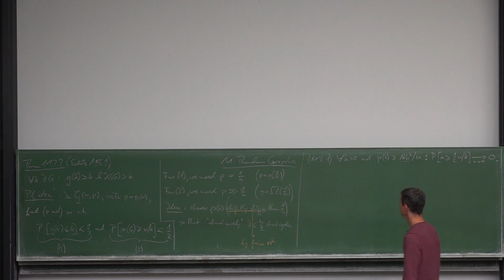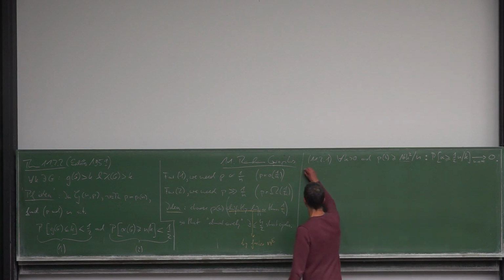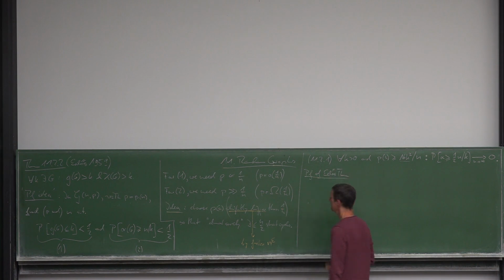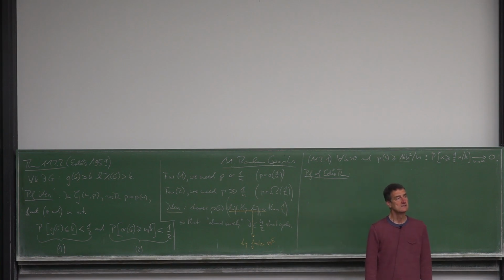So, let me start the formal proof of Erdös. We shall choose epsilon first, and then when we've done that, we'll choose p in terms of epsilon, and I've indicated both already.